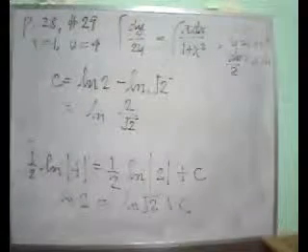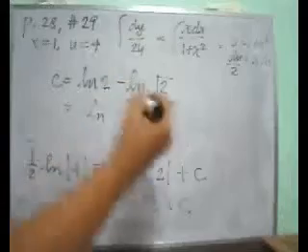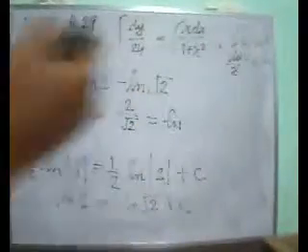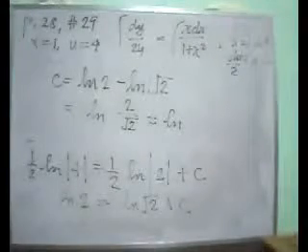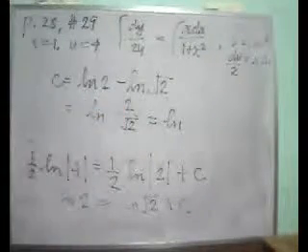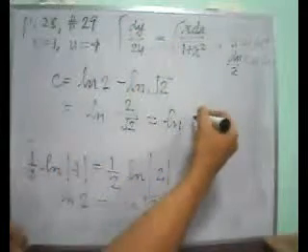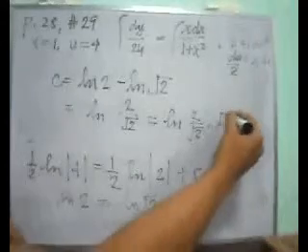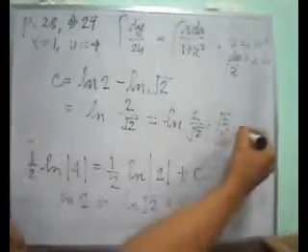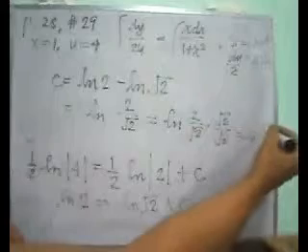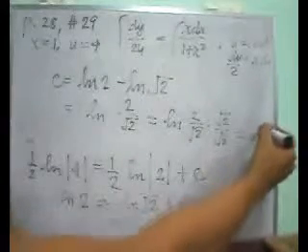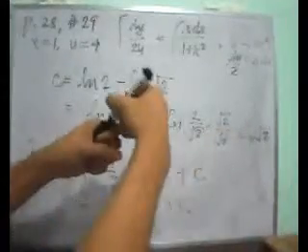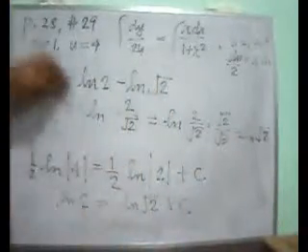Further, this is just equal to ln of 2 over the square root of 2, we rationalize, we have 2 square root 2 over square root 2 square root 2, that is equal to ln of the square root of 2.